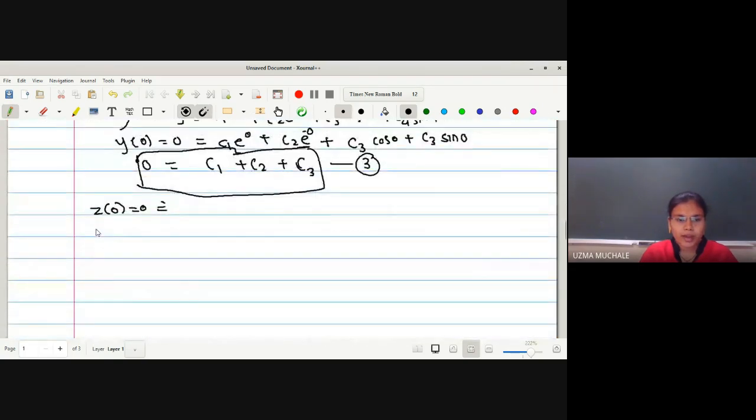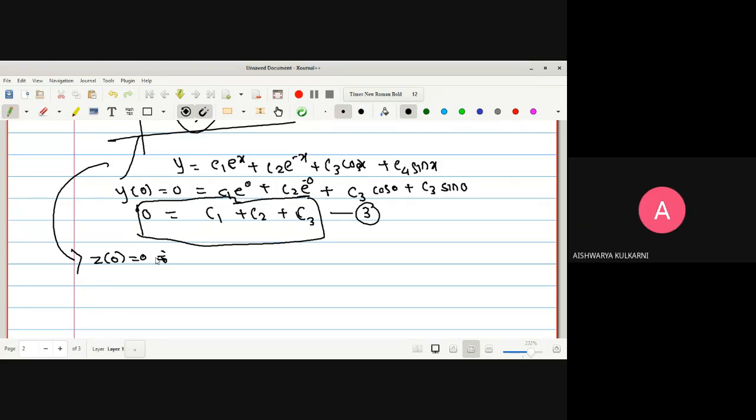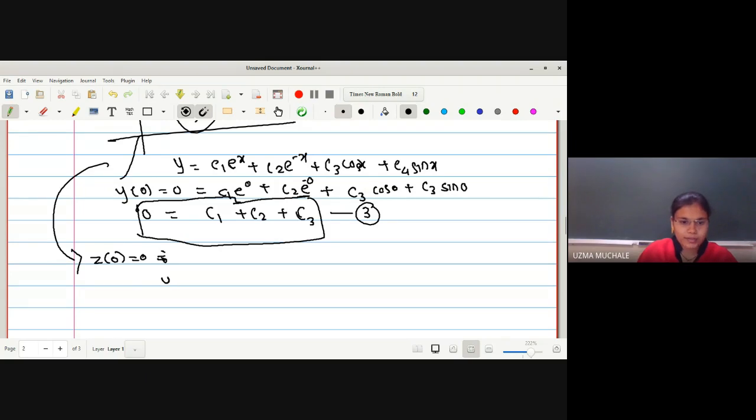So we have to differentiate this equation to find the value of z. After finding the value of z, we can use the condition z of 0 is equal to 0, and then we can find one relation between C1, C2, C3 and C4. Okay, have you understood this step? Yes ma'am.